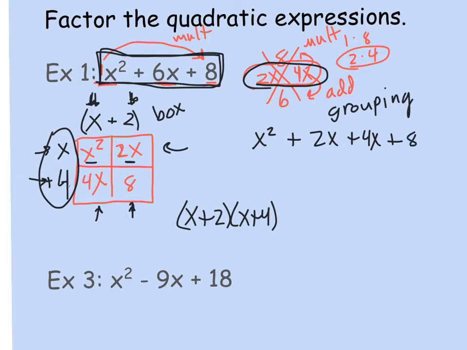And we group these two together and these two together. And this is called grouping, but we use a little GCF with it. In other words, you look at your two sets of binomials here. What do these two terms have in common? Well, they have an x. So I'm going to take an x out.